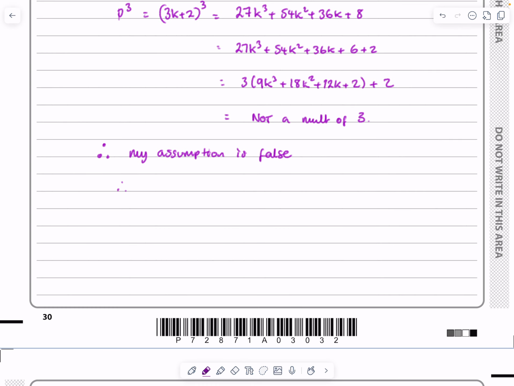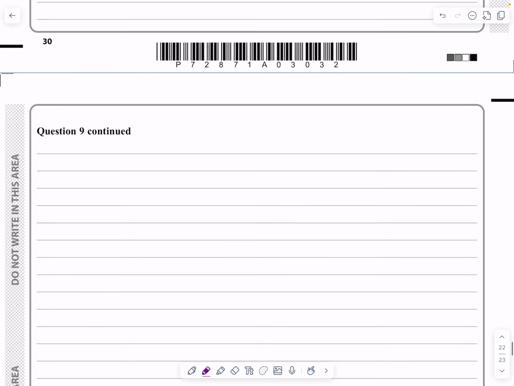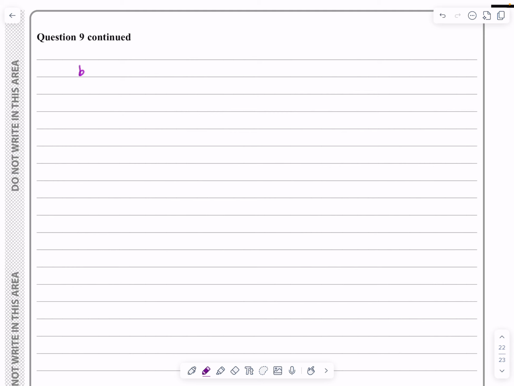So therefore, if p cubed is a multiple of 3, then p is a multiple of 3. Okay, so that's an interesting part A, slightly different from our standard ones.